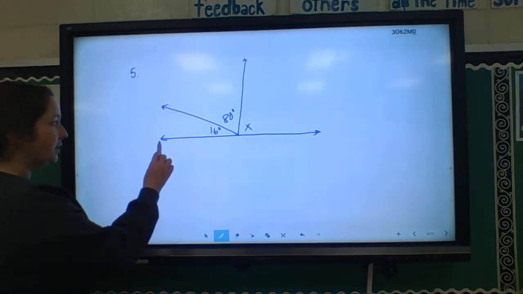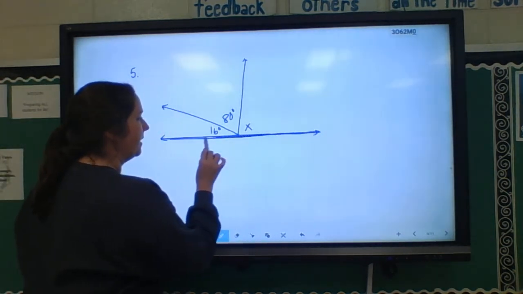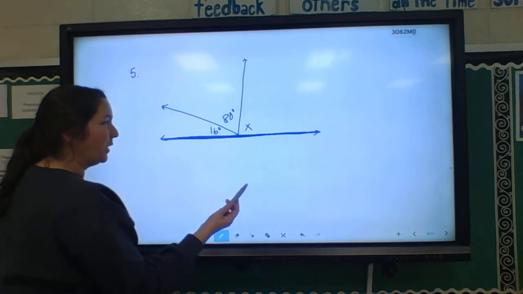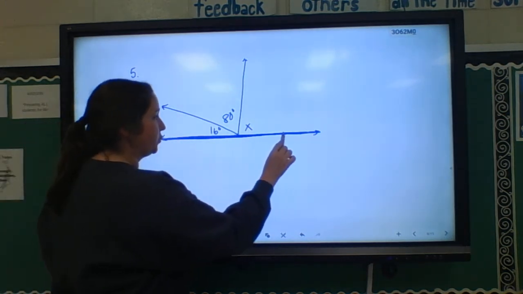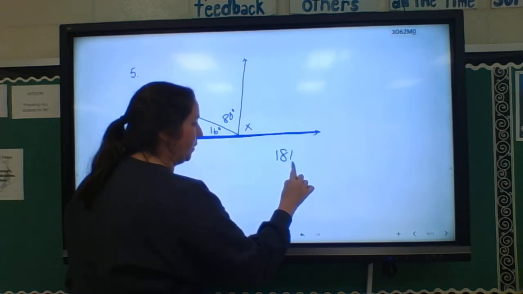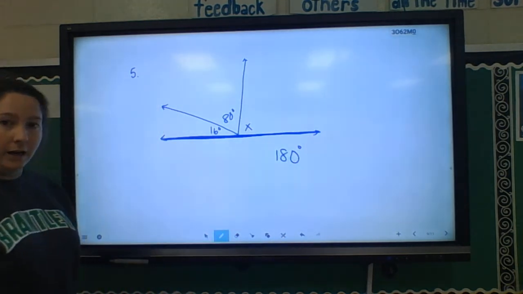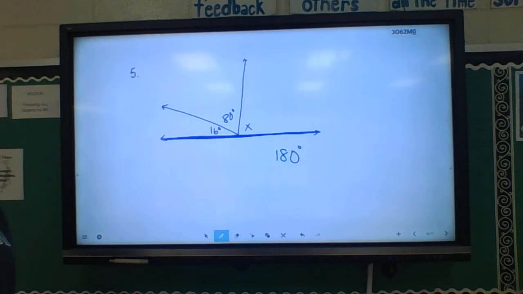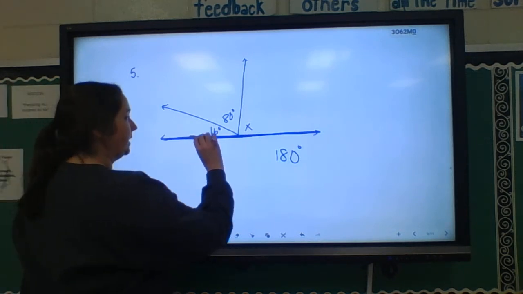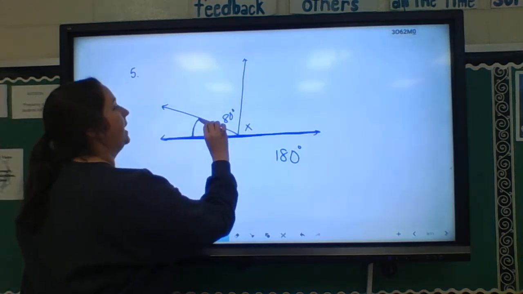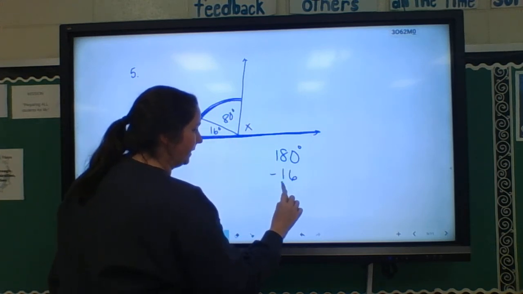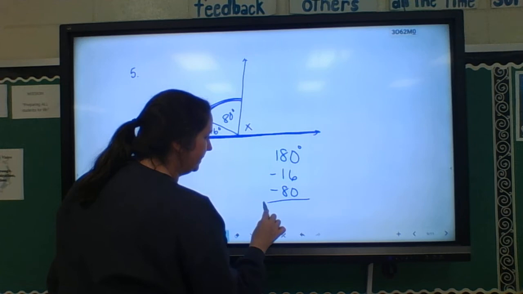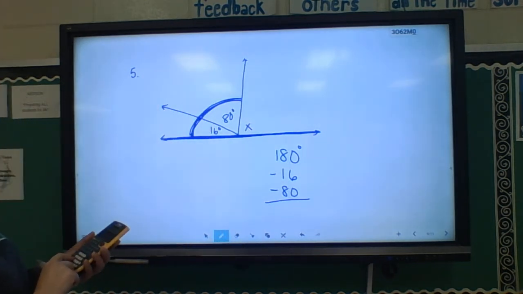All right, we have another straight line. This time we're given two angles that we know. Well, we know this is a straight line, so we know that's 180 degrees. So what are the two angles that we know? 16 and 80. So we can subtract 16 and subtract 80.